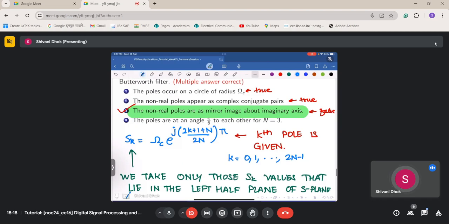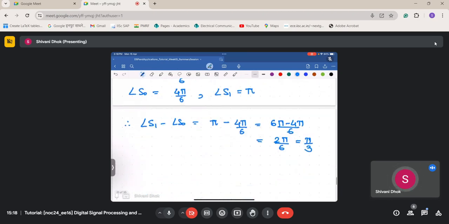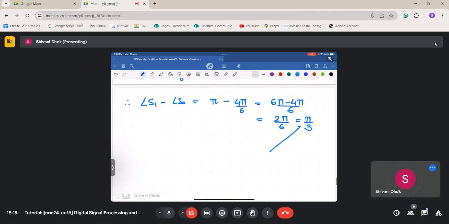So what is given to us here is that the poles are at an angle of pi by 6 to each other for n equal to 3. What we obtained is that the poles are at an angle of pi by 3 to each other.